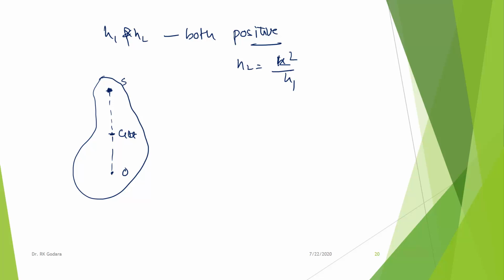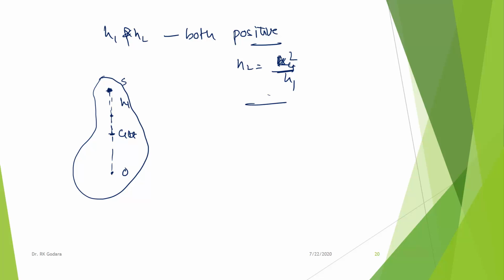So we know there are 2 points of the compound pendulum for the same periodic time at distances h1 and h2, where h2 is given by kg square over h1, and we get 4 points on the axis passing through the point of suspension and center of gravity. Suppose the first point is at distance h1 and the second point is at distance h2.